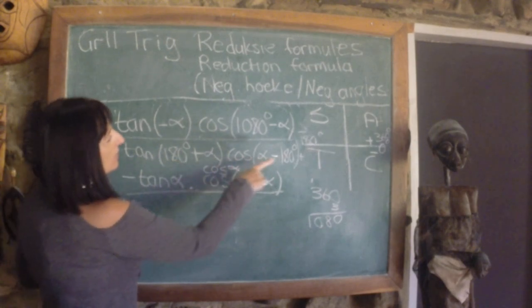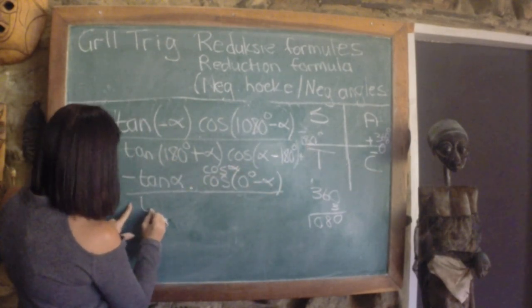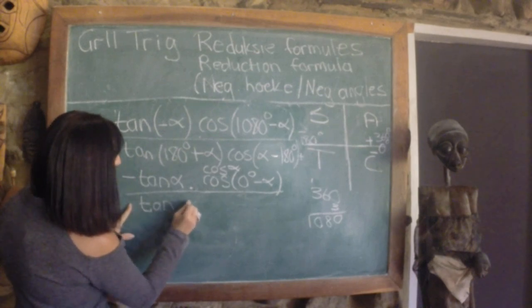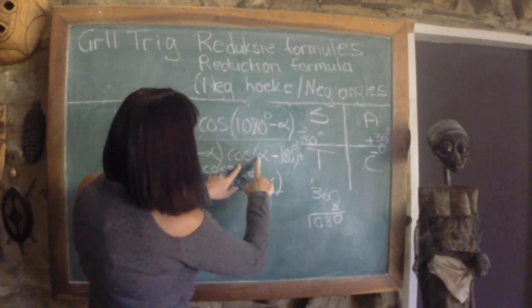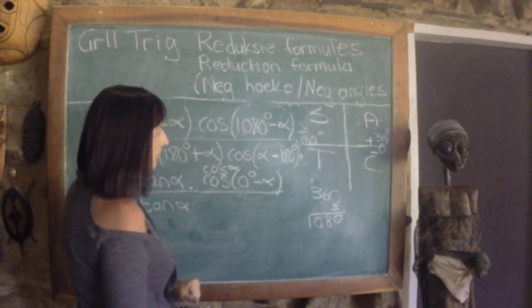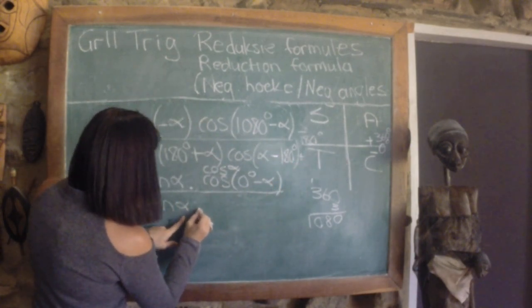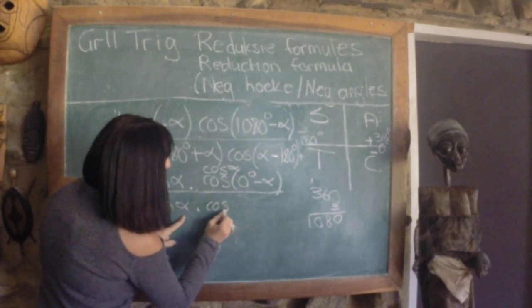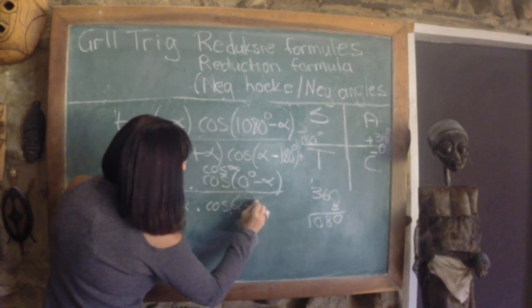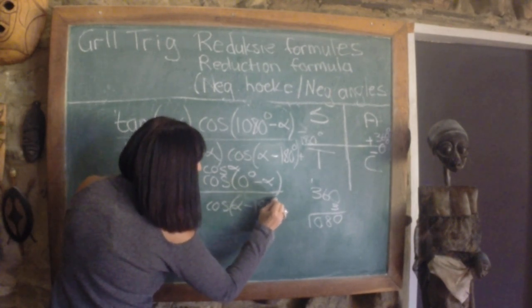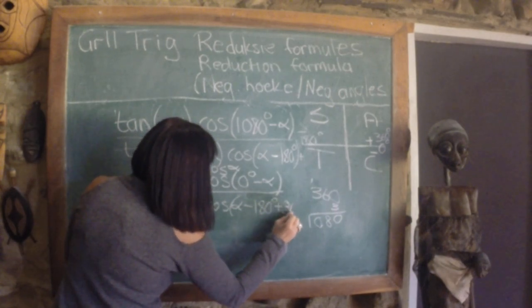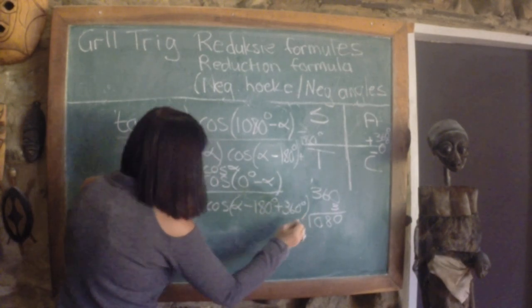Tan van 180 plus alpha, dan is daar positief, so dis tan van alpha, en hier het ek weer alpha minus 180. Goed, ek kan 'n siklus bysit, so let's put a cycle in. So I can put a cycle in, and the cycle is 360 degrees.